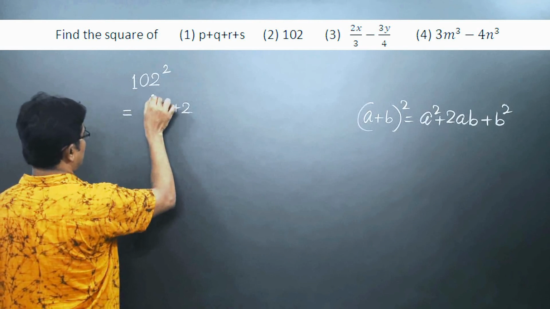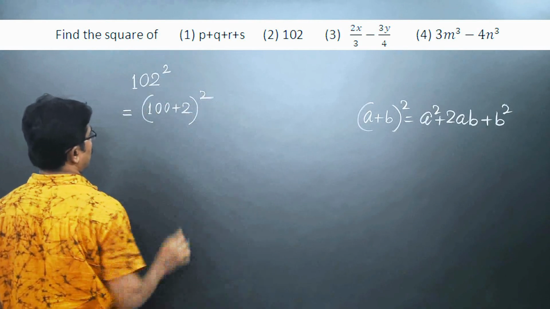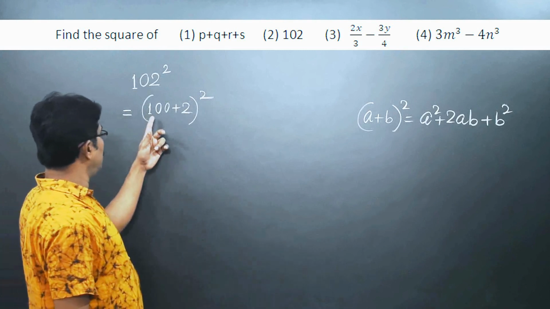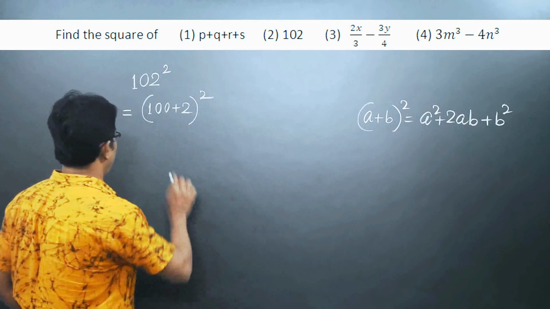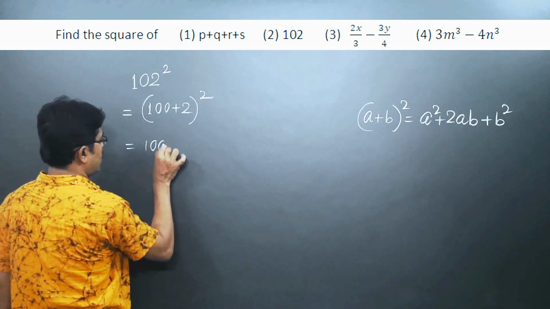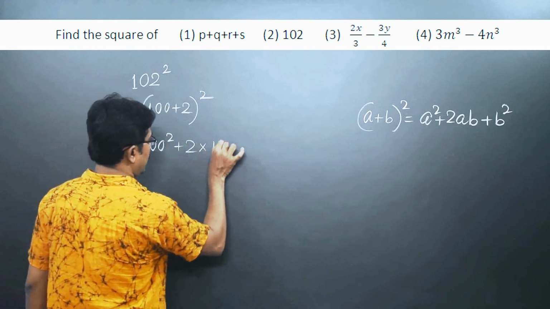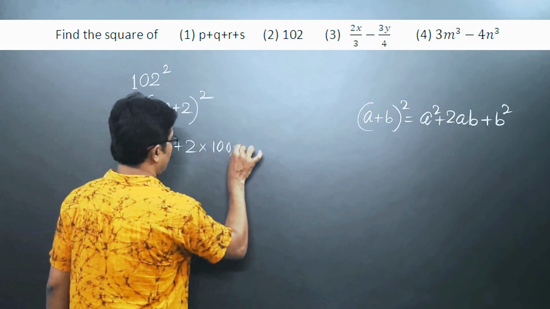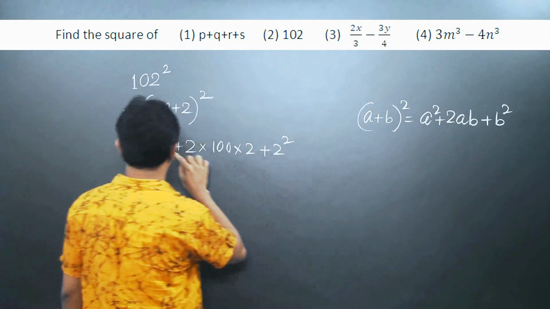So 102 square is equal to (100 plus 2) whole square. Look, this is of the form (a plus b) whole square. So it can be written as a square plus 2 into a into b plus b square.